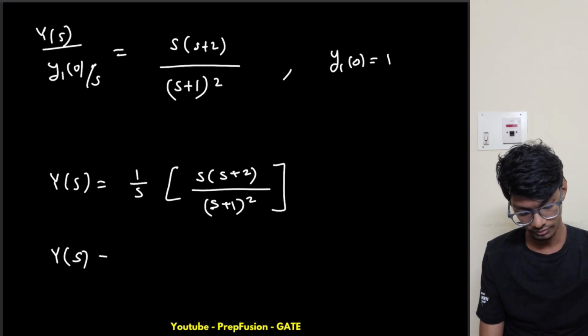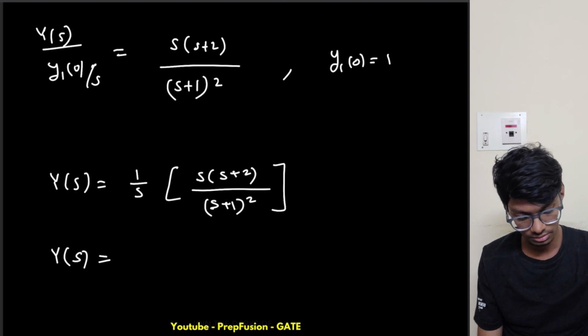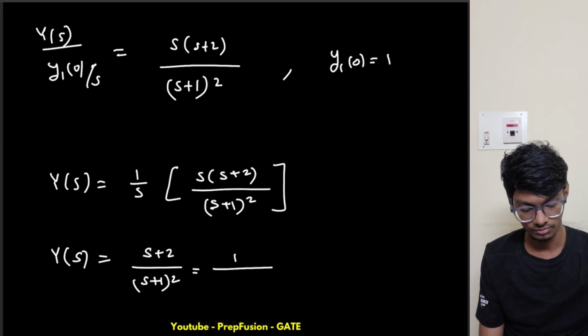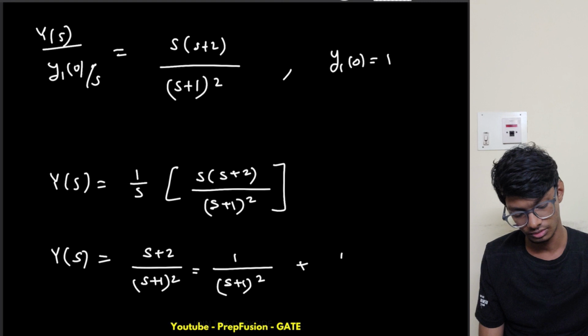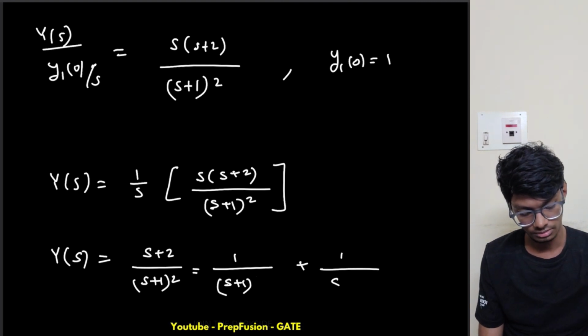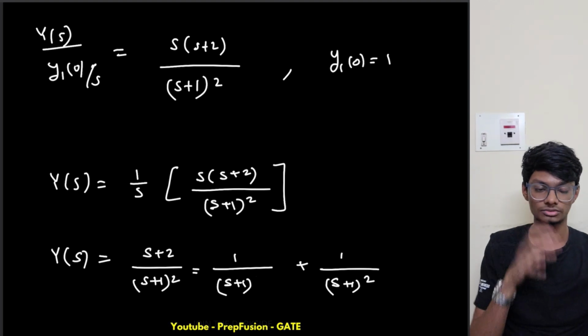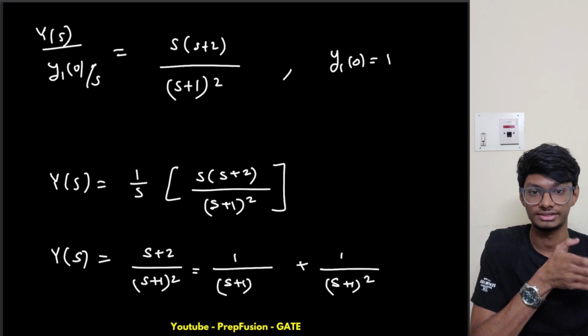So Y of s becomes s plus 2 by s plus 1 whole square. I can also write this as 1 by s plus 1 plus 1 by s plus 1 whole square. So this is basically the Y of s in Laplace form.